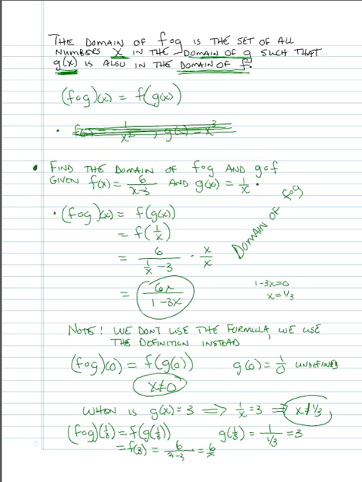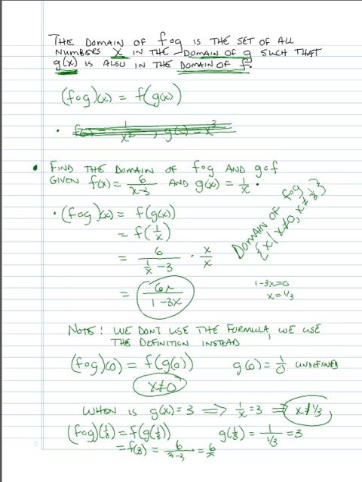What we had to do is look at the different components. And so here the domain is the set of all x's such that x is not equal to 0 and x is not equal to 1/3. It can be equal to anything else. And the formula only gave us half of that answer, didn't it?